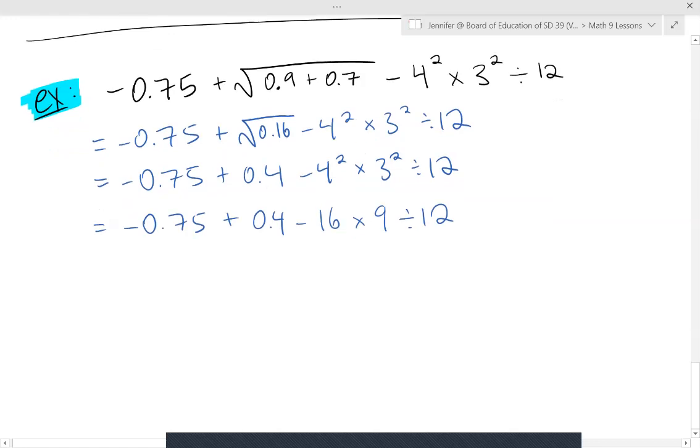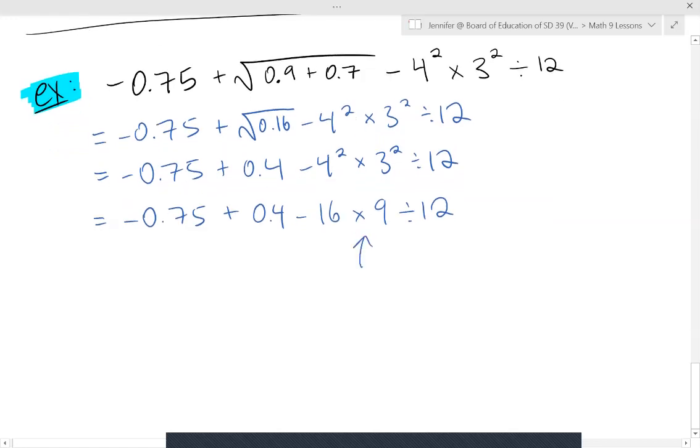We move to division and multiplication. This will be the first piece that we do because it's the multiplication or division that shows up first. So then we've got 16 times 9. What is 16 times 9? We can do that on the side. We've got 144. And then 9 plus 5 gives us 14.